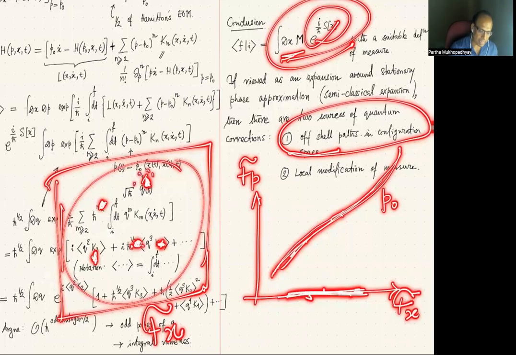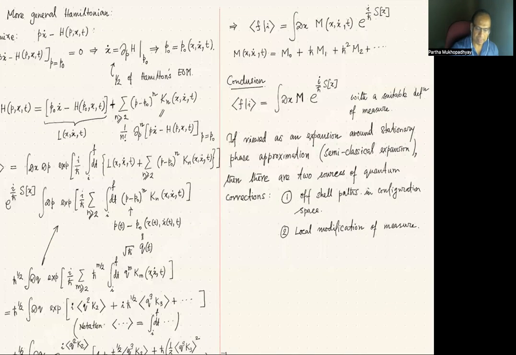The points near these extrema will also contribute, but their contribution will be small, because the contribution will die down around these points, and those contributions can be quantified in powers of h bar. So this configuration space path integral will also lead to another set of h bar expansion like this.